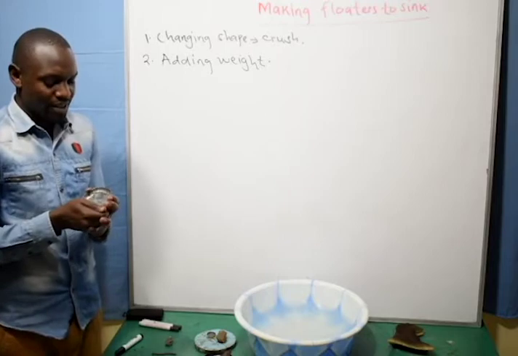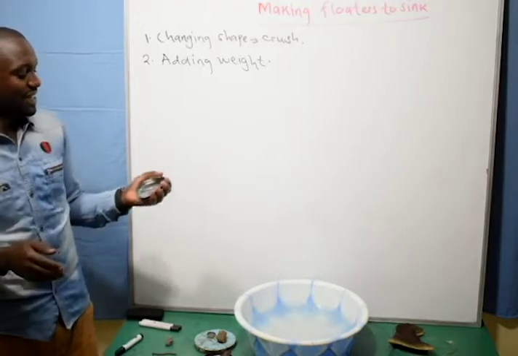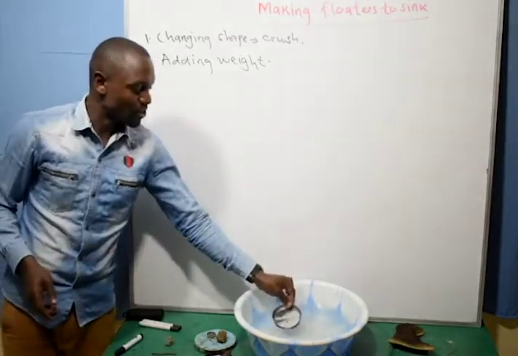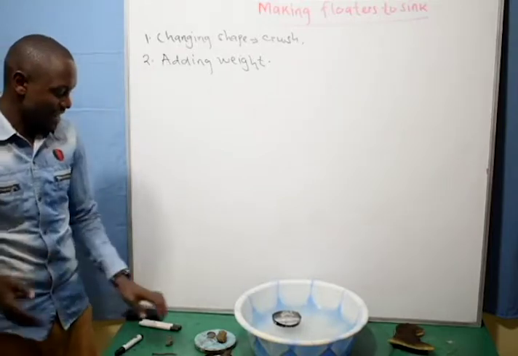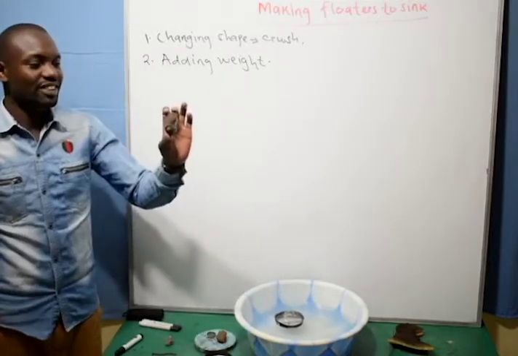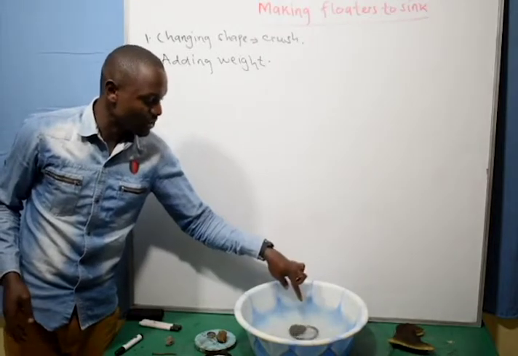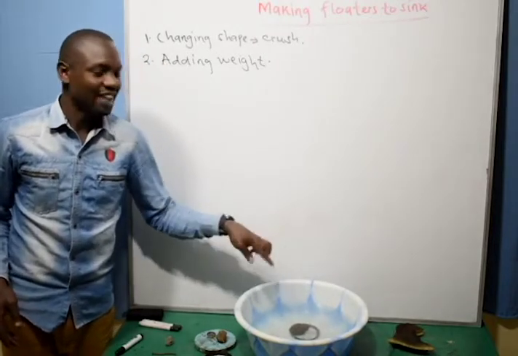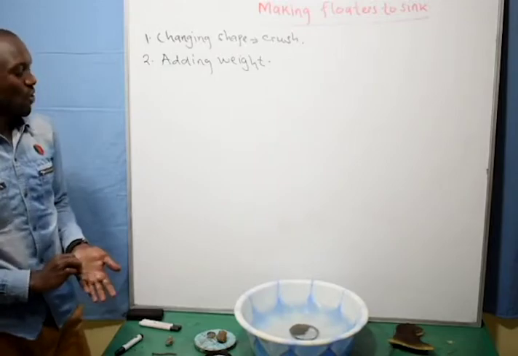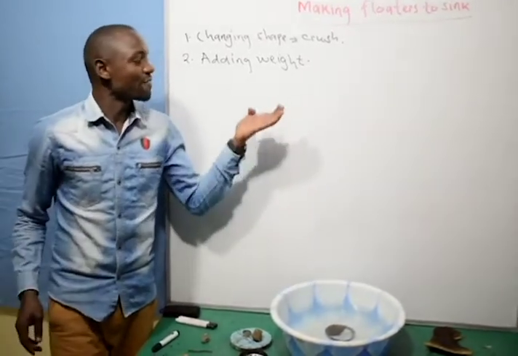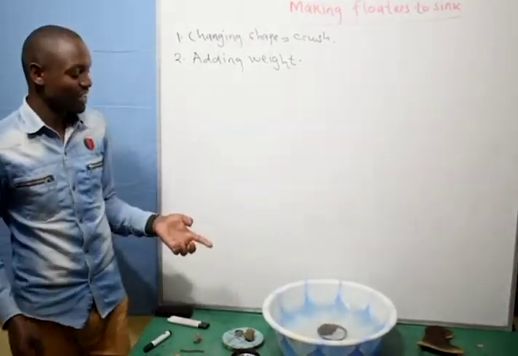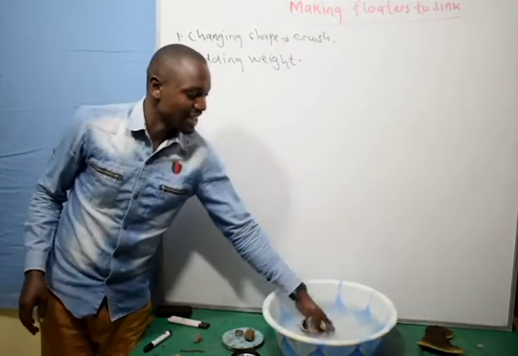For example, this tin, when we place it here, it will float. Why? Because it is very light. What if we add a stone to that tin? Does the tin float on water? No. Why? It is because we have added some weight. It is going to sink.